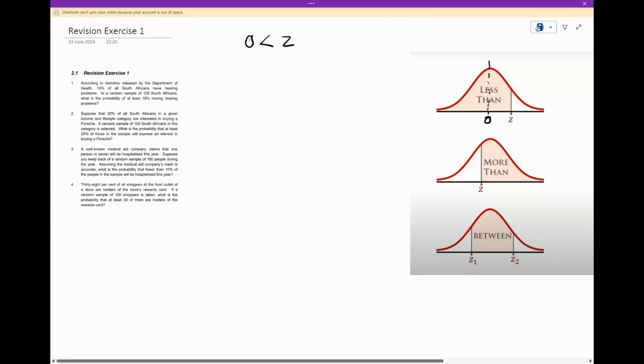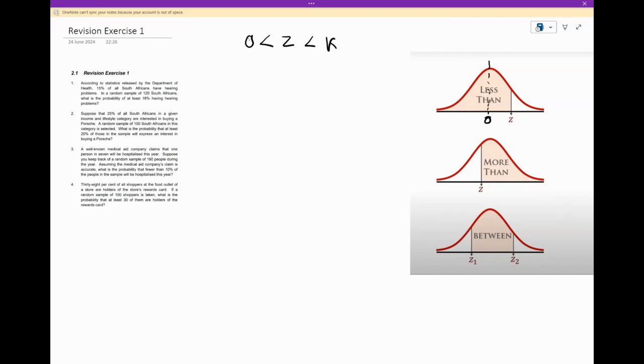Everything highlighted is the probability.